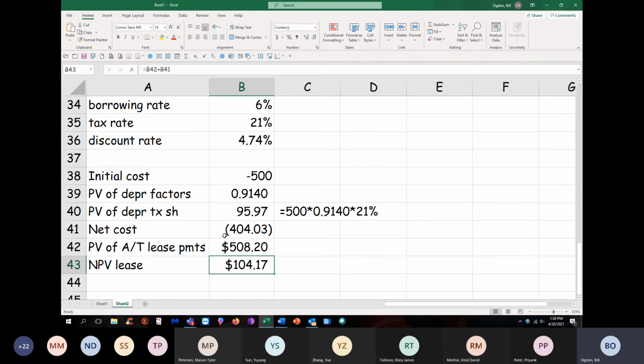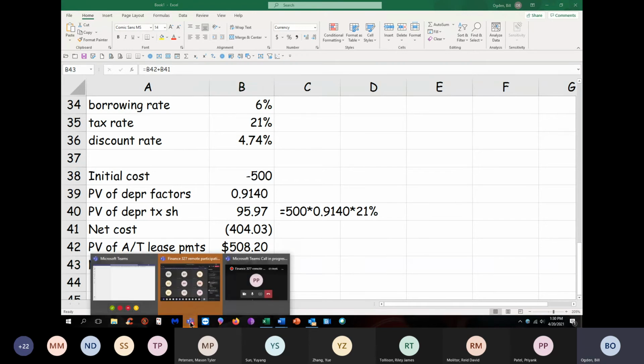So if the present value of the after-tax lease payments is 404.03, then it would be just enough to cover the cost of purchasing this asset. And that's after tax, right?